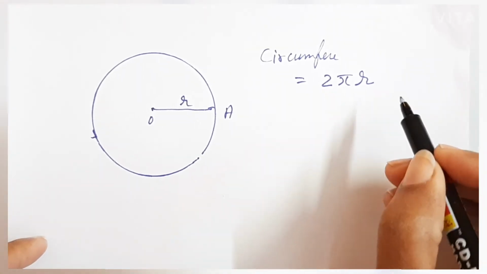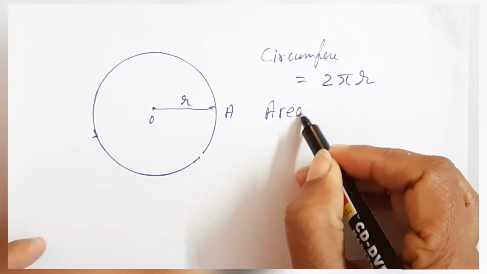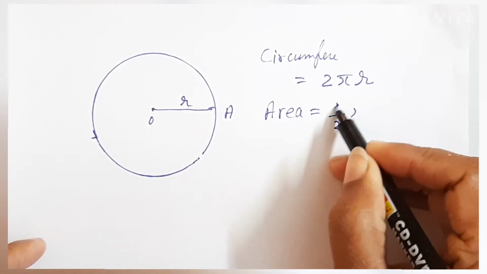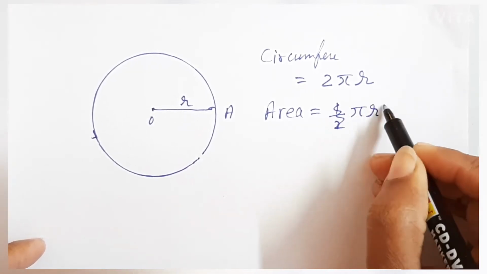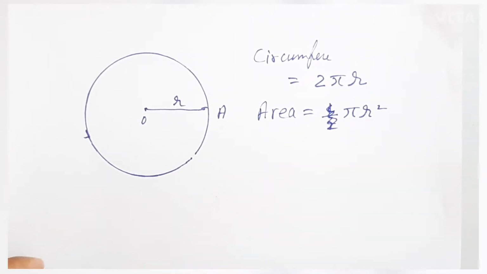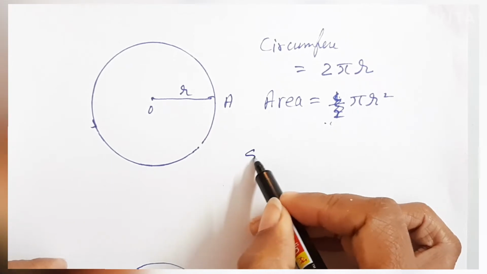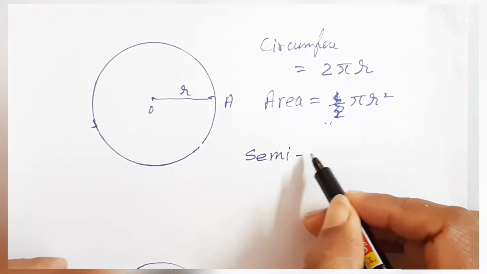And area of circle is pi r square. Now students, when do we have to take half pi r square? Yes, when it is a semicircle.